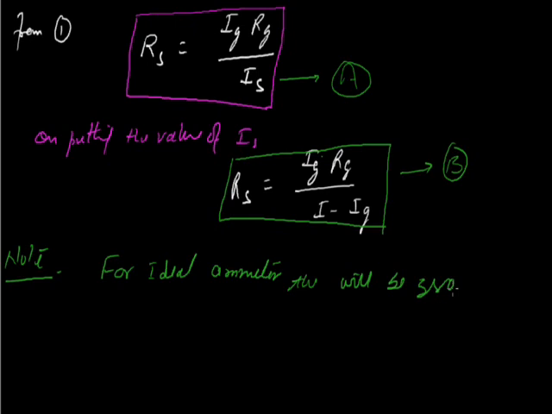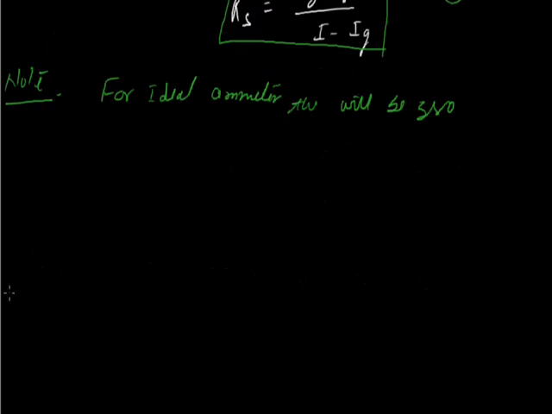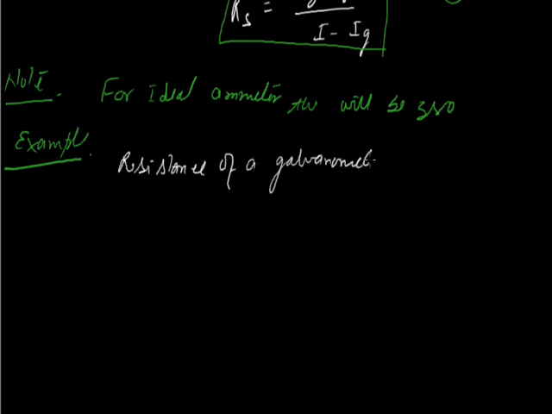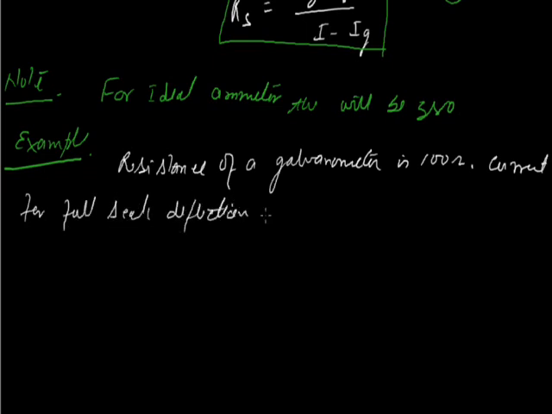Now one example based on this conversion. Example: resistance of a galvanometer coil is 100 ohm. Current for full scale deflection is 10 raised to the power minus 3 ampere.